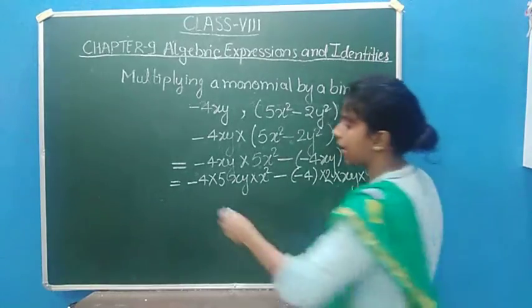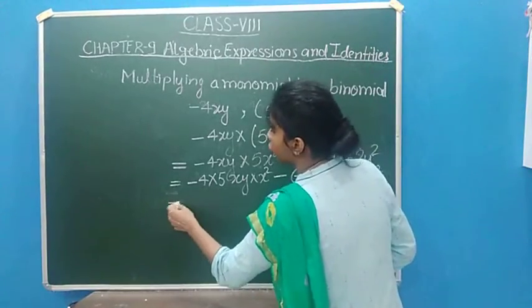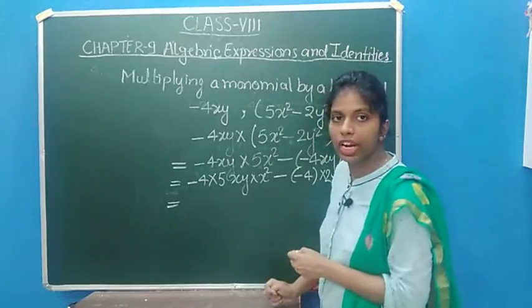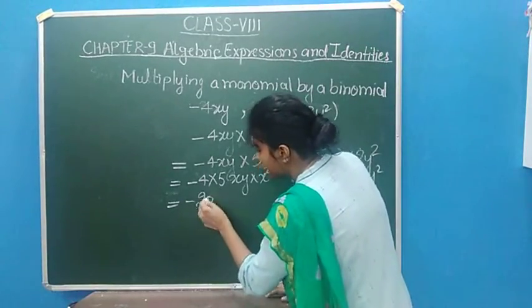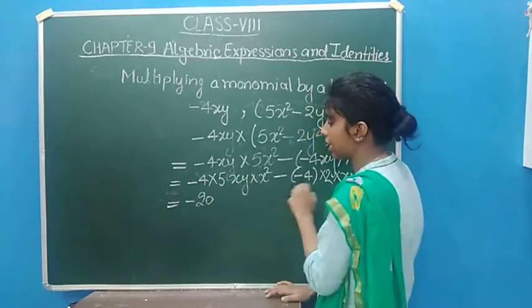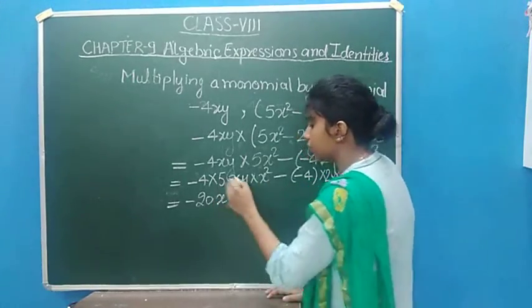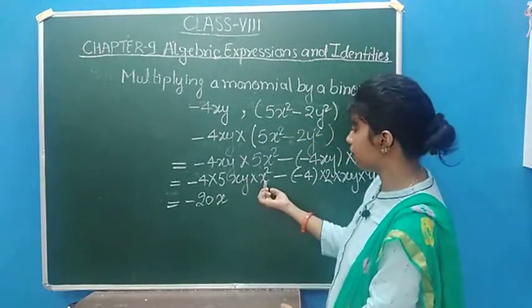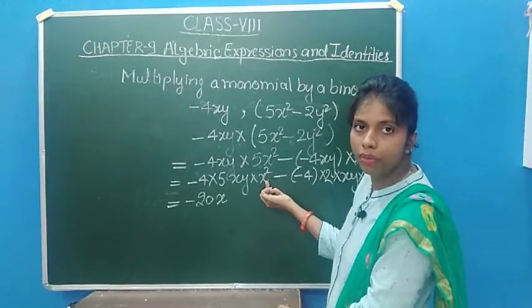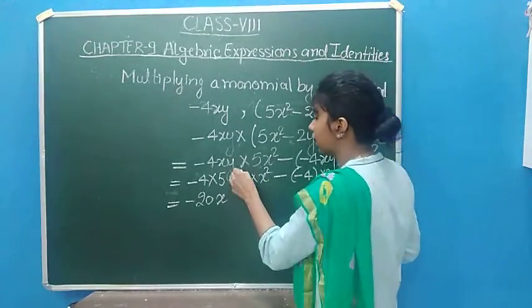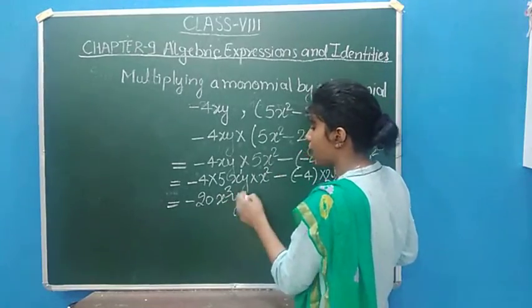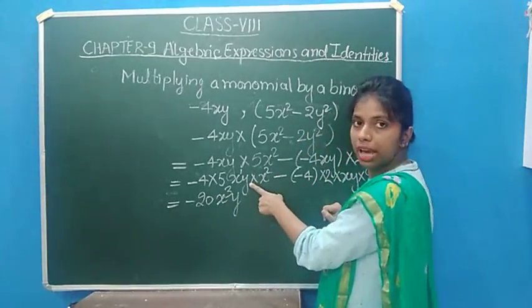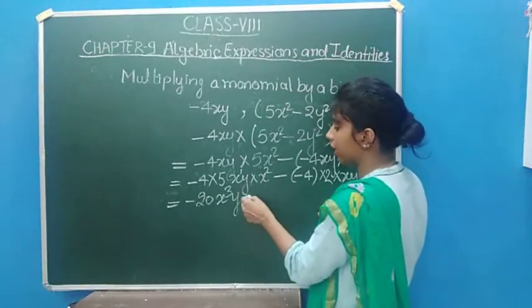So let's multiply. Minus 4 into 5 is minus 20. Now the variables. X is multiplied with x square, so the powers are added, 1 plus 2 is 3. The variable y, we have nothing to multiply with y, so I write y as it is.